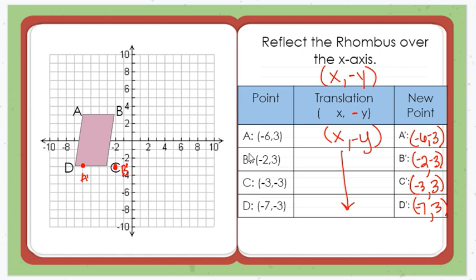C prime is at negative 3, 3, so left 3 and up 3. And D prime is at negative 7, positive 3. All right, so there's a lot of overlapping on this one.